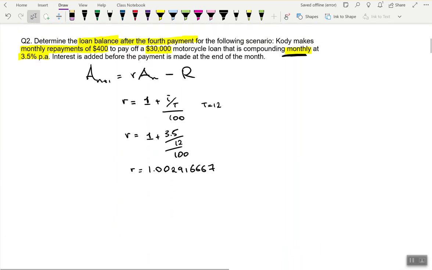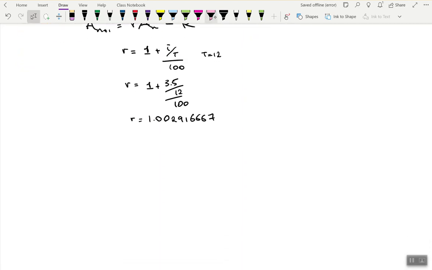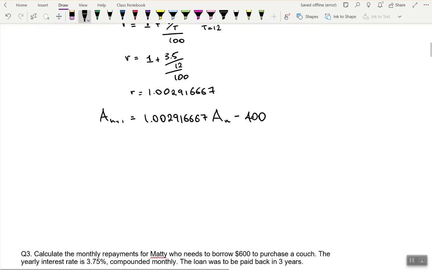So the question is, I need to know the loan balance after the fourth payment. So I'll rewrite my recurrence relation with my R that I've just calculated. A N minus capital R, which is 400. That's my monthly repayments. It's in the question. So I've got this.